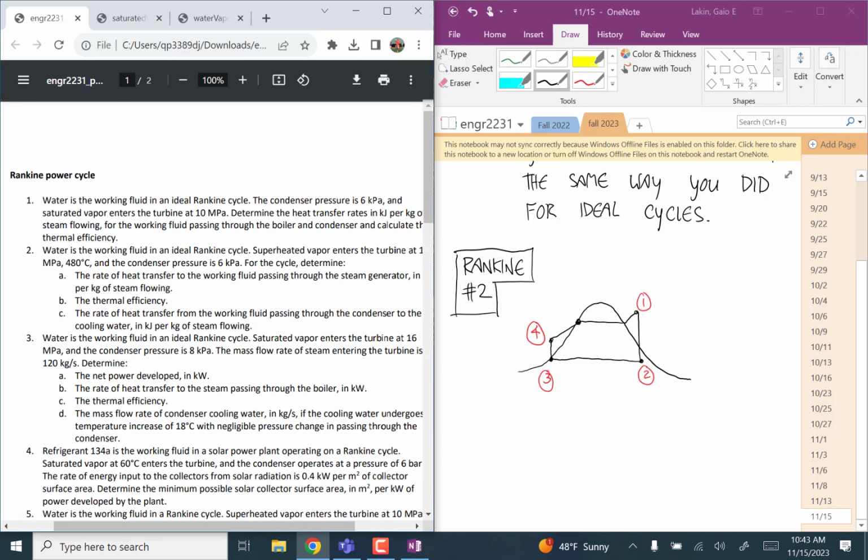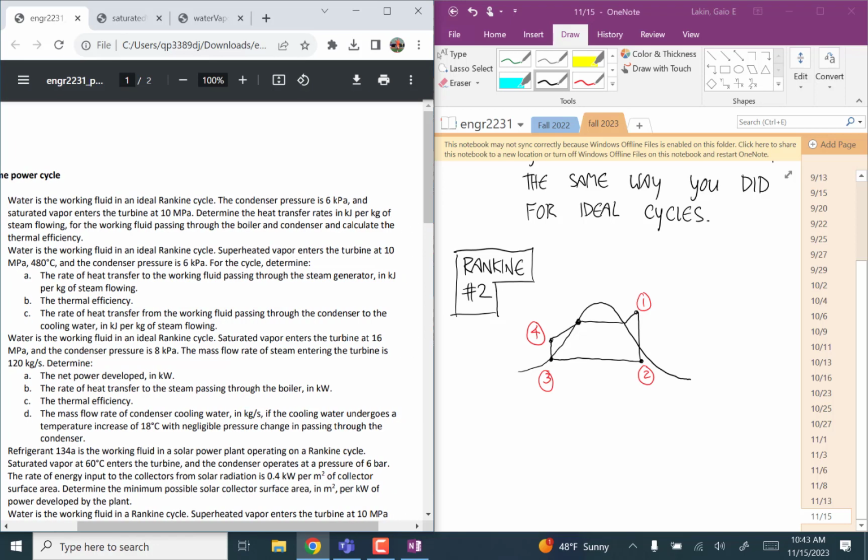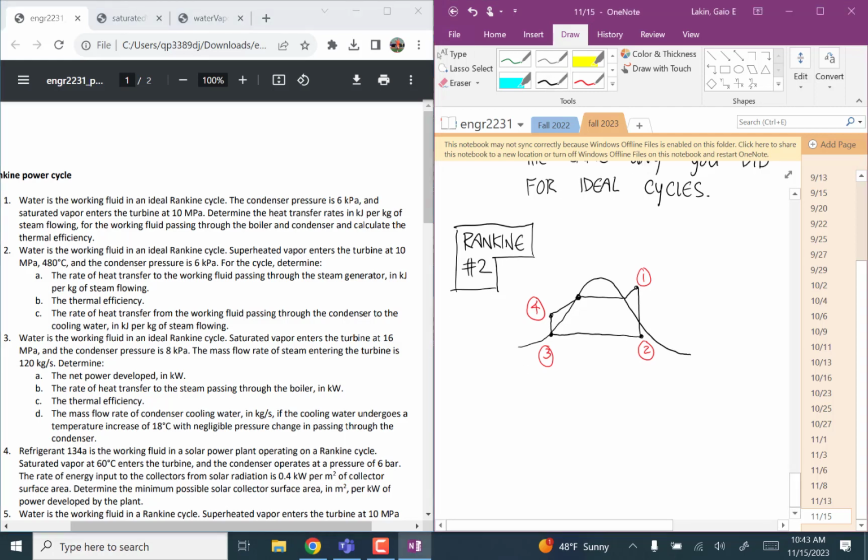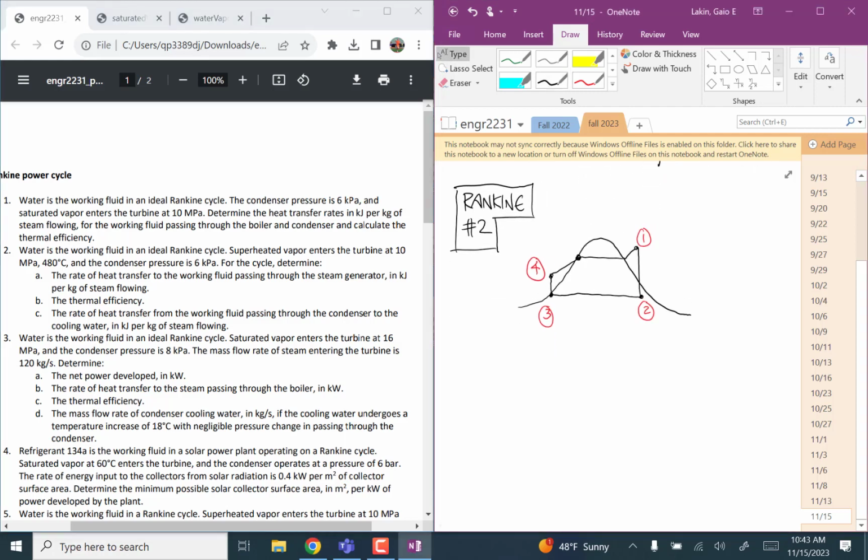It's an ideal Rankine cycle, so we're not going to use the isentropic efficiency. And we'll just start filling out what we know at these different states.